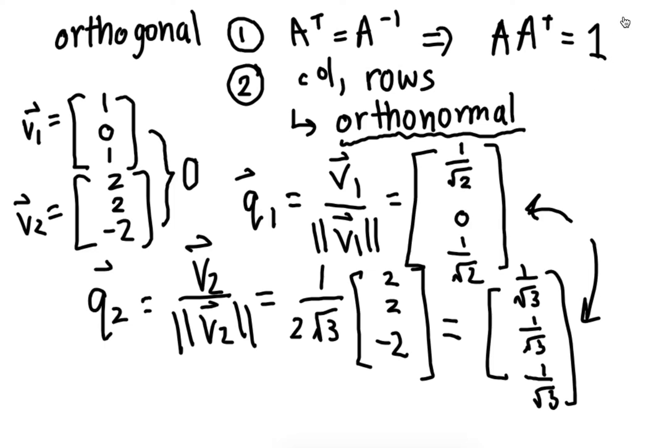So there are two important things to remember: A transpose equals A inverse for an orthogonal matrix, and the columns and rows of an orthogonal matrix form an orthonormal set, meaning they're unit vectors, and if you dot any column with another column, or any row vector with another row vector, it must equal 0.